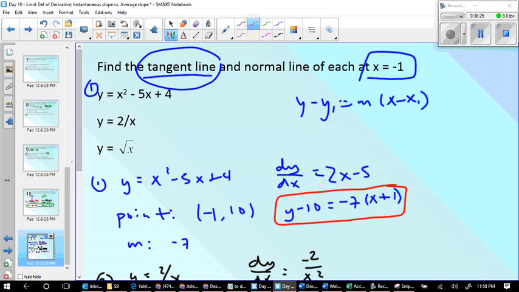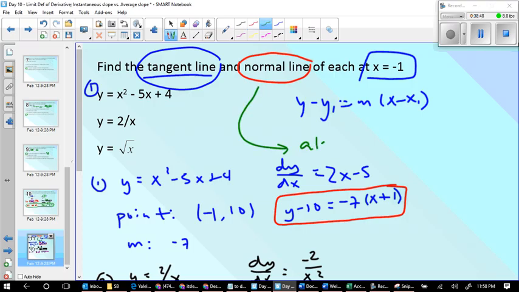Okay, let's talk real quick about normal lines. Normal line, especially those of you who have taken physics, you may not have talked about it yet if you're in physics right now, but especially those of you who have taken physics before, you should recognize what a normal line is. What is a normal line? A normal line is another way to say perpendicular line.